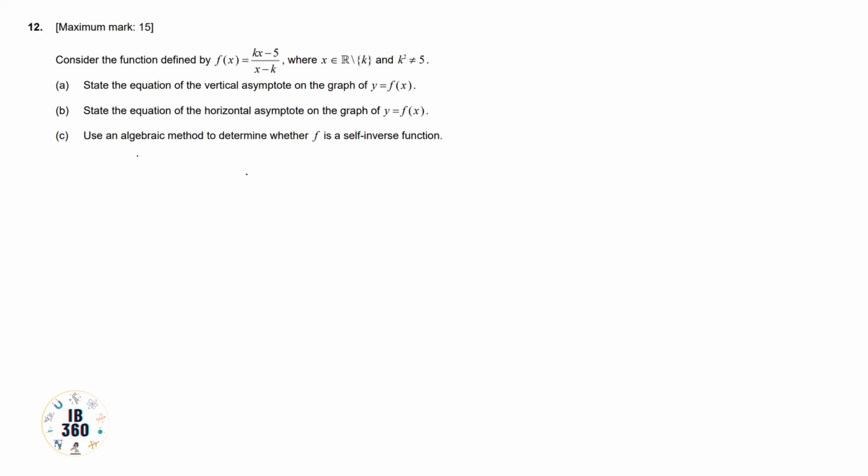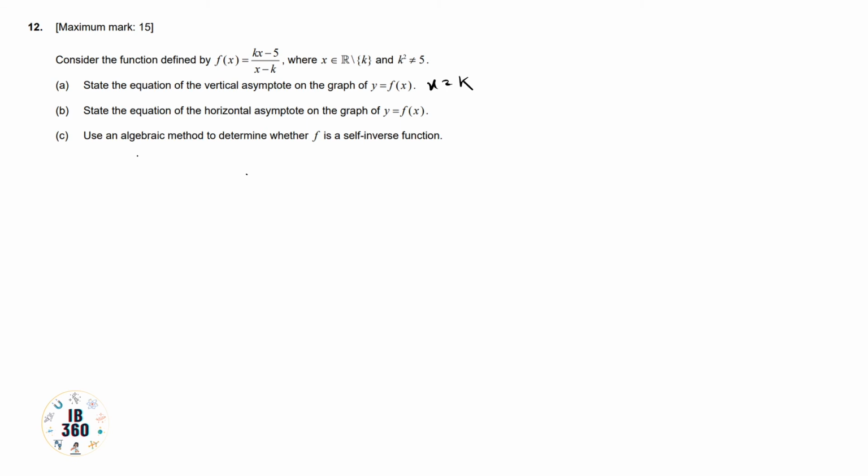Now we have the last problem. Here you can see: state the equation of the vertical asymptote on the graph of y equals f(x). So the vertical asymptote will be x equals k. Okay, and we have to find the horizontal asymptote.